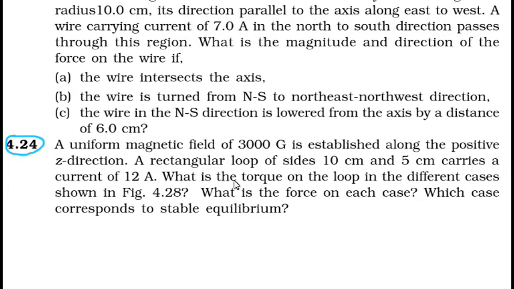The rectangular loop of sides 10 cm and 5 cm carries a current of 12 ampere. What is the torque on the loop in the different cases shown in figure 4.28? What is the force in each case? Which case corresponds to the stable equilibrium?